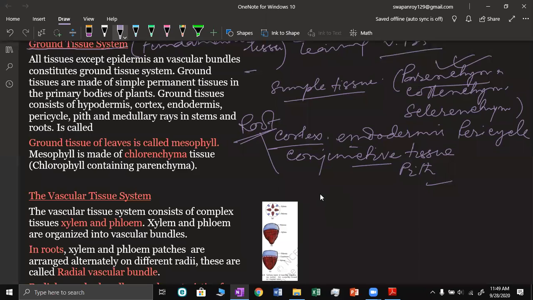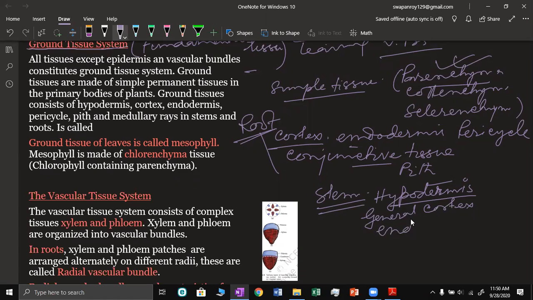In the case of a stem, this fundamental tissue can be divided into hypodermis, the general cortex, endodermis or starch sheath, pericycle, pith, and medullary rays.